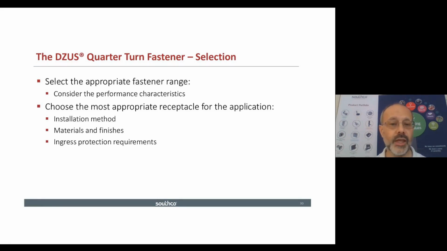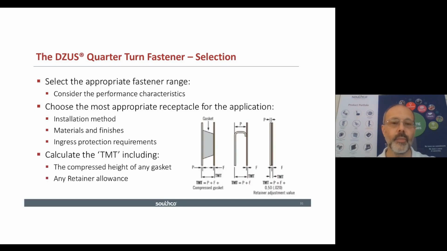If you want to keep moisture out, then you need to consider that at the design stage. And finally, we have to calculate the TMT, the total material thickness, including any components that come in between the head of the stud and the receptacle.